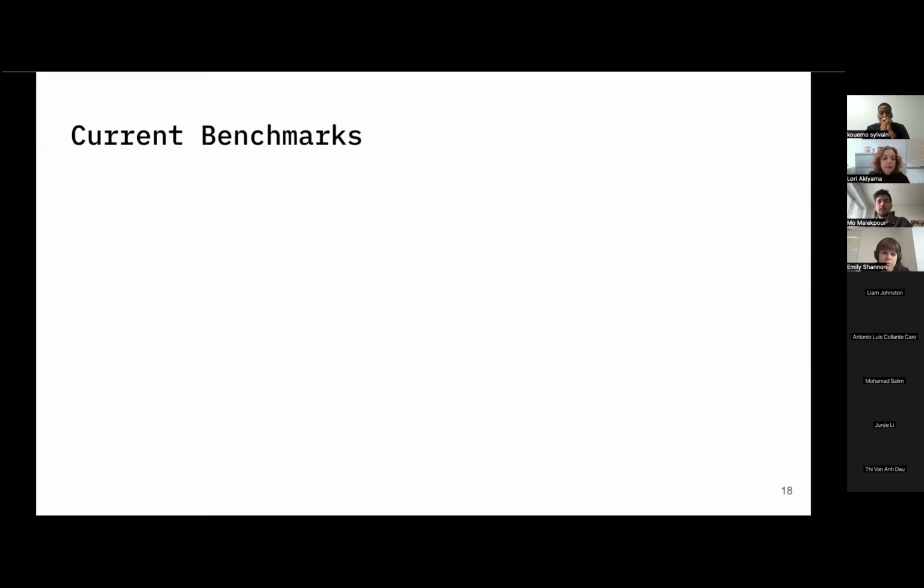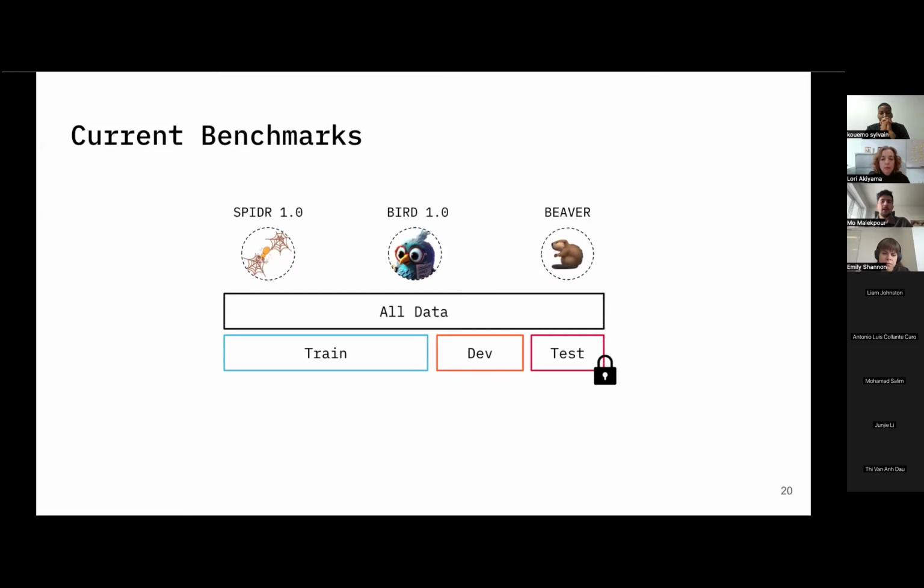Now let's look at how people evaluate these systems today. Most works use public cross-domain benchmarks like Spider, Bird, and Ne Beaver. Like the typical ML problem, all the data is split into train, dev, and a hidden test set. The test set is not available to anyone, so that no one can cheat on the benchmark leaderboard.